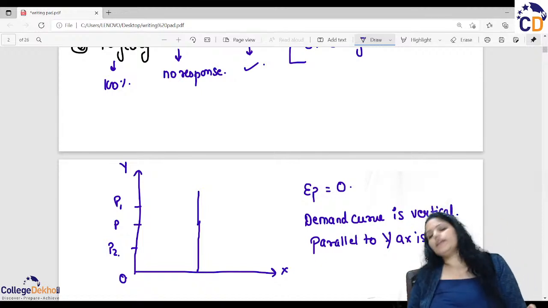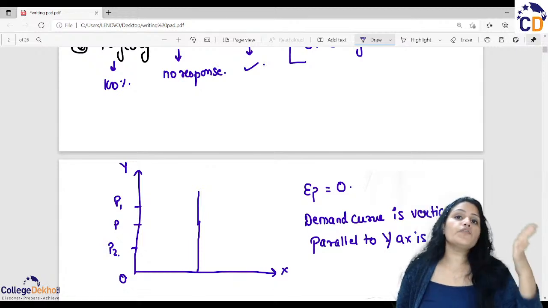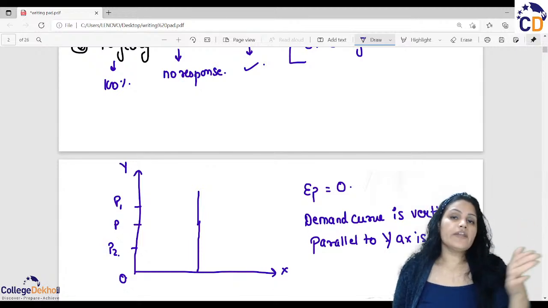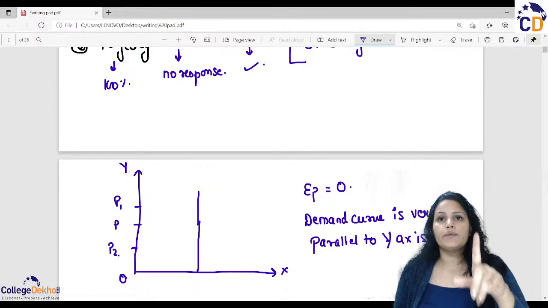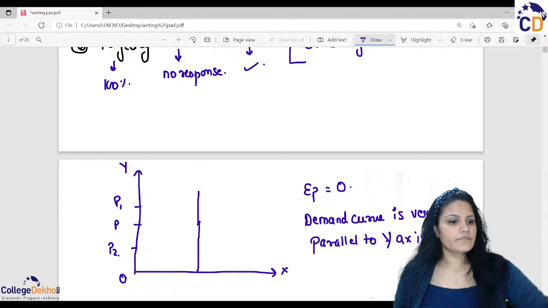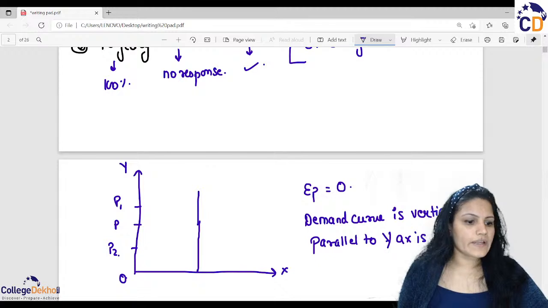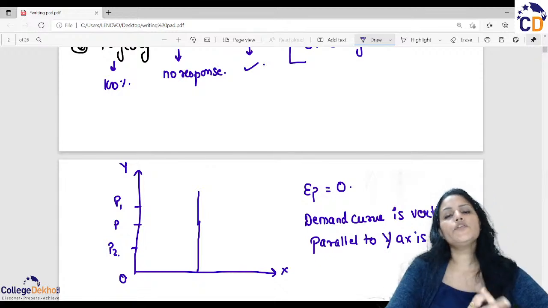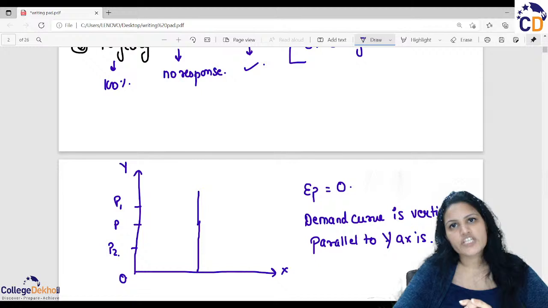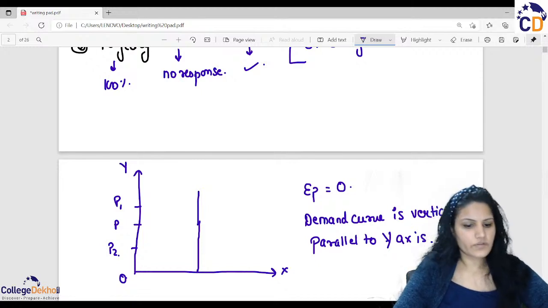So there are two points, perfectly elastic and perfectly inelastic. Under perfectly elastic, there is a total change in demand and the price becomes constant. And when it is perfectly inelastic, there is no change in the demand and 100% change in the price. Clear?